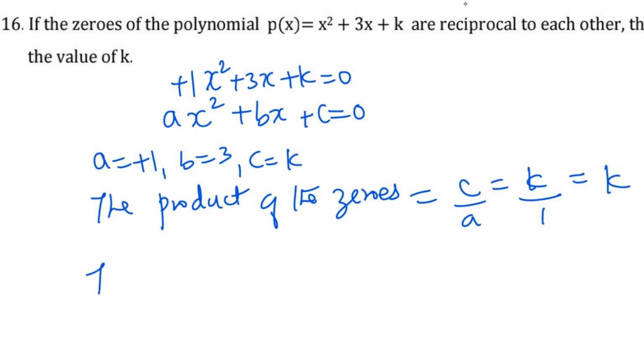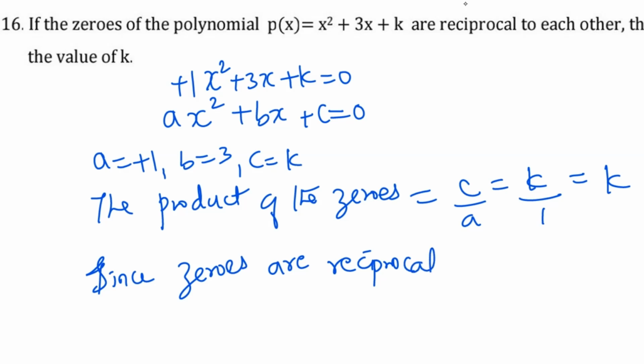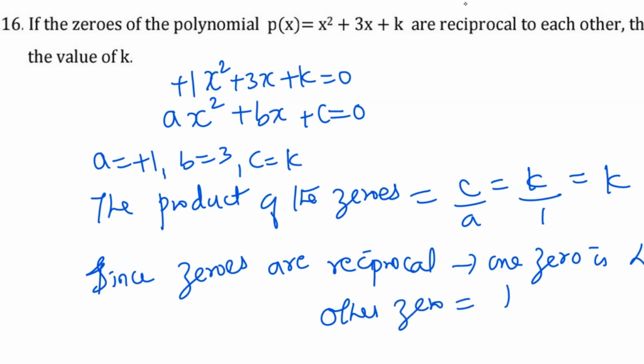Since the zeros are reciprocal, one zero is alpha, the other zero will be 1 by alpha.